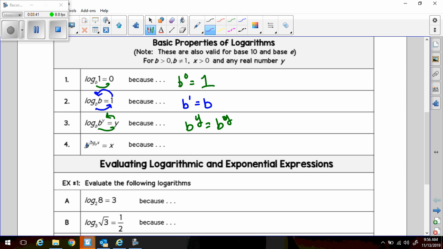These will cancel always, because if I take the log base b of both sides, then these will cancel, and we'll have log base b of x equal to log base b of x. These will always cancel, as long as the log has the same base as this. And then you'll just get the expression.